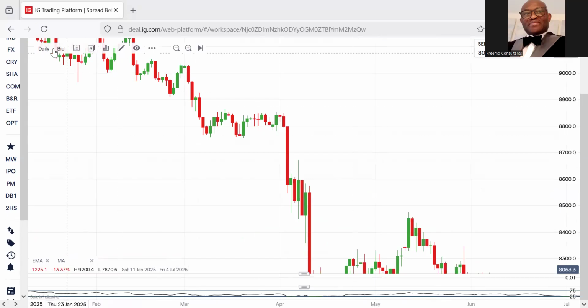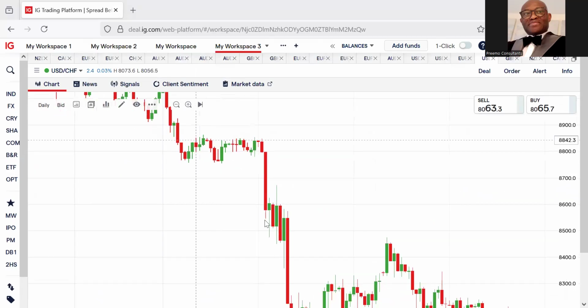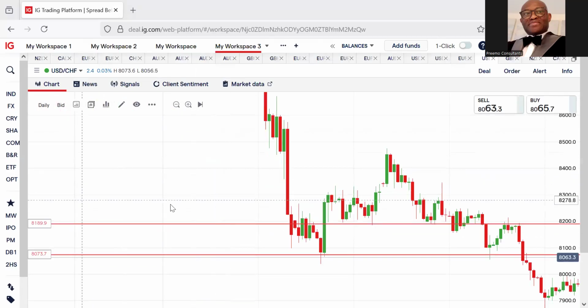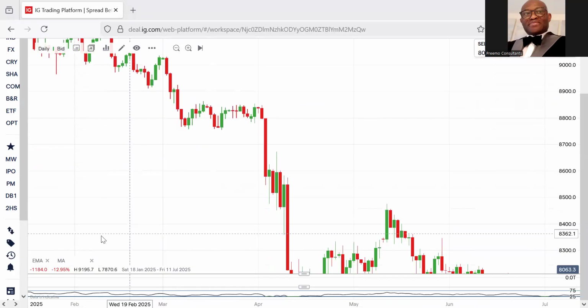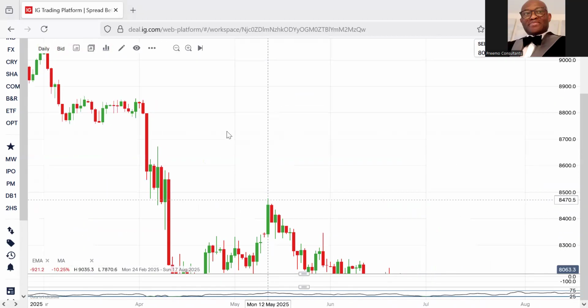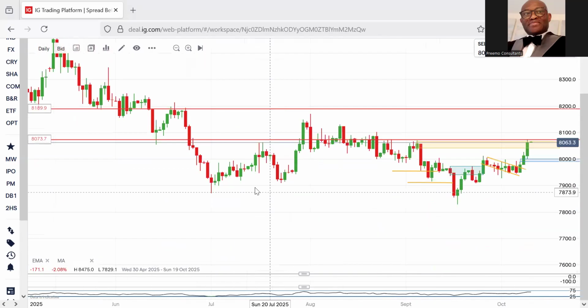So this is the daily chart for USDCHF. Price has crashed down this 2025, since around February. It's been coming down, down, down, all the way down.